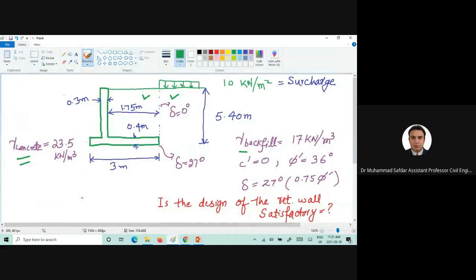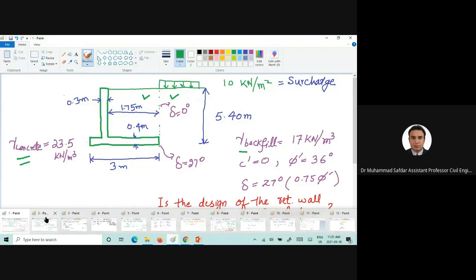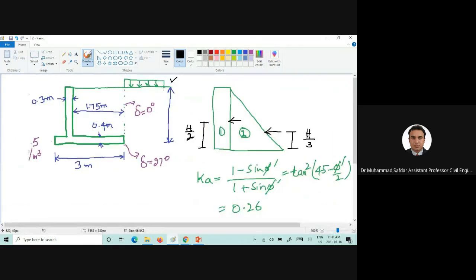Look, here is the retaining wall, and these are the given parameters of the soil and the concrete. Now, first of all, we need to find out the horizontal forces and the vertical forces.